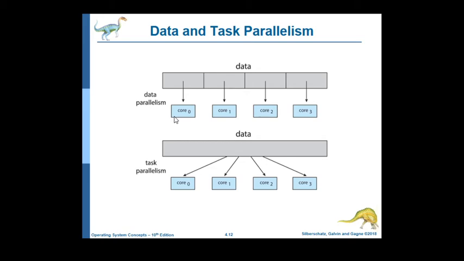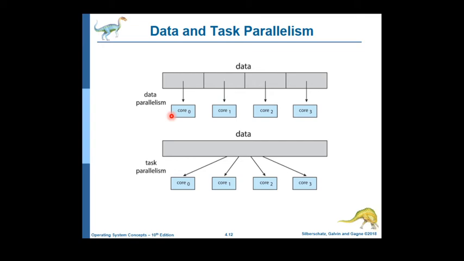For example, we want to sum the contents of an array of size n. If we use a single core, one thread will sum the elements from 0 until element n minus 1.